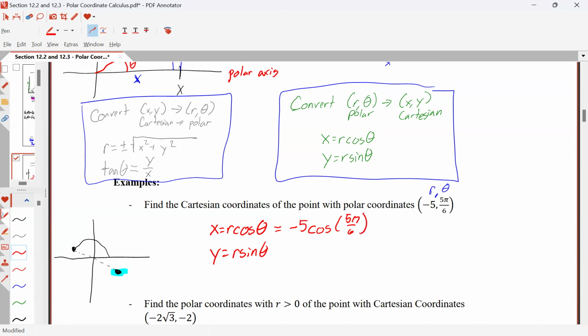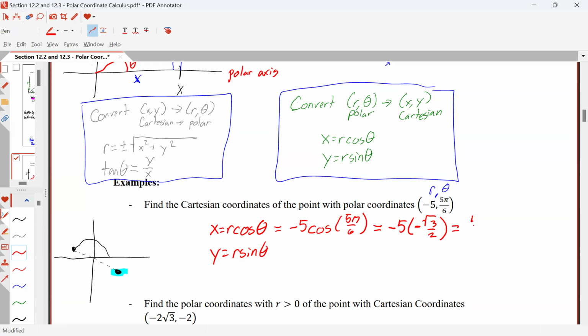We know that cosine of 5 pi over 6 is -√3 over 2.